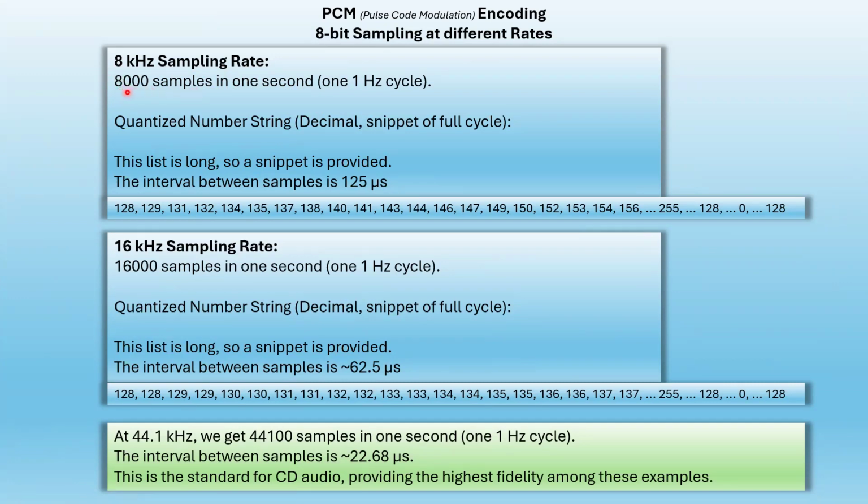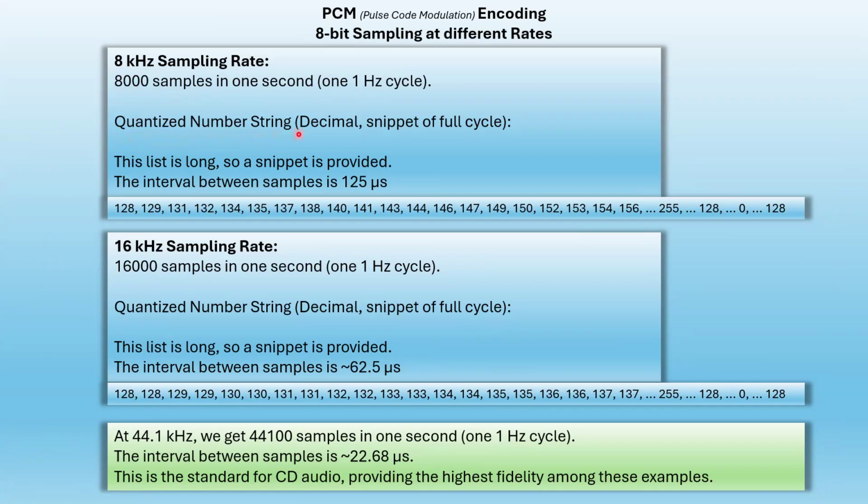So that's going to give us an 8 kilohertz sampling rate. Within 1 second, we're going to have 8,000 samples.